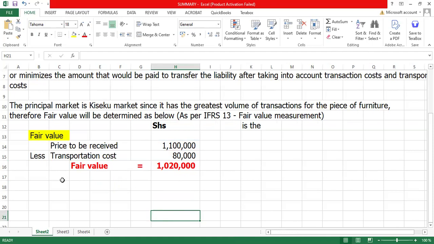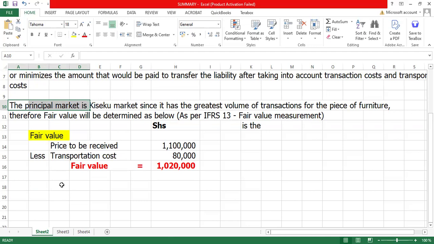Why do we exclude the transaction cost in a situation where we have the principal market? We exclude transaction cost because it's assumed that you already know the principal market.